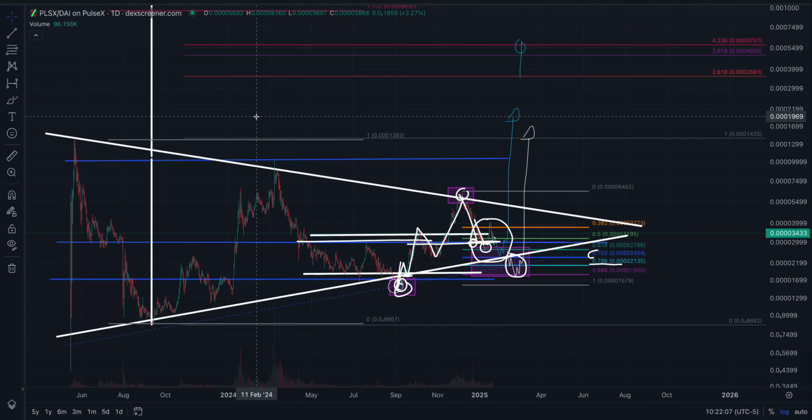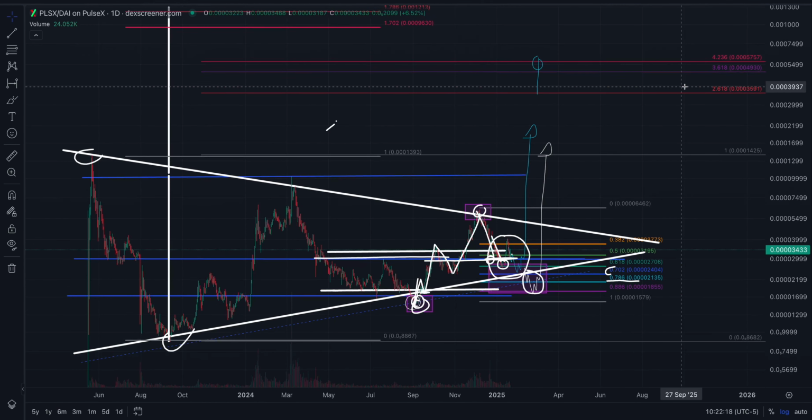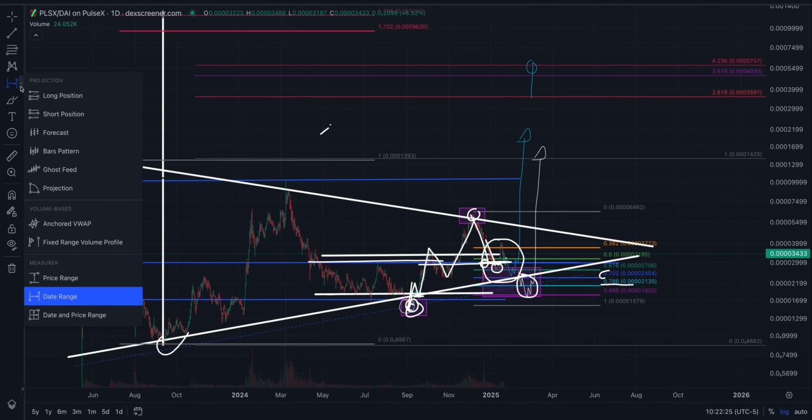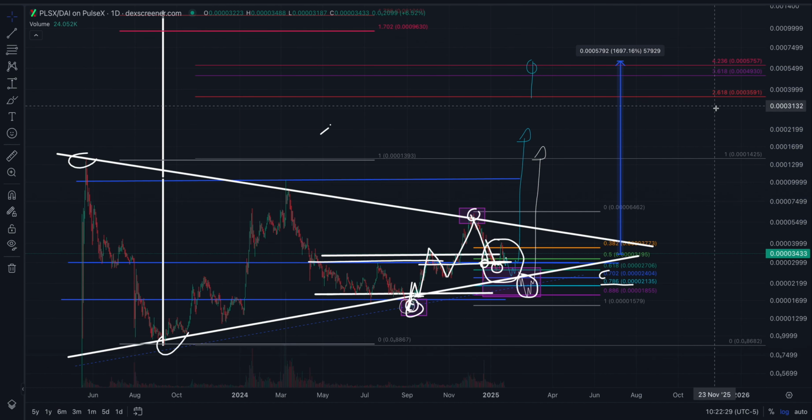And now for the targets, what we would be doing is just taking a fib from this high down to this low on the linear and the log scale. We can see the 4.236% extension is sitting at 305757. So a nice 20x from here. Yeah, about 17x.